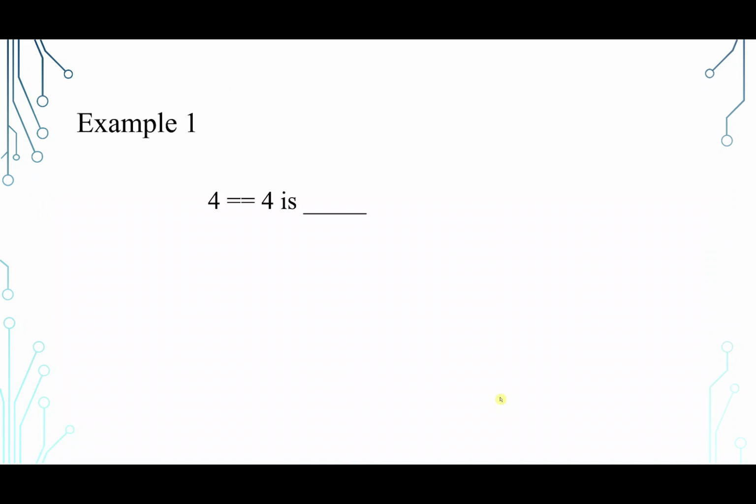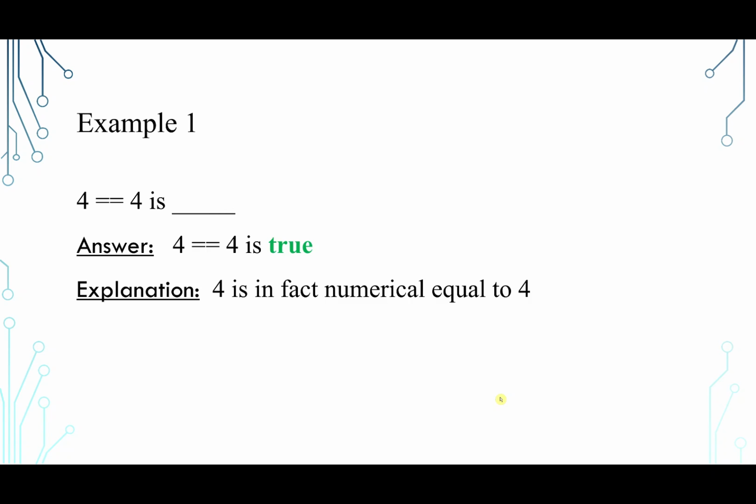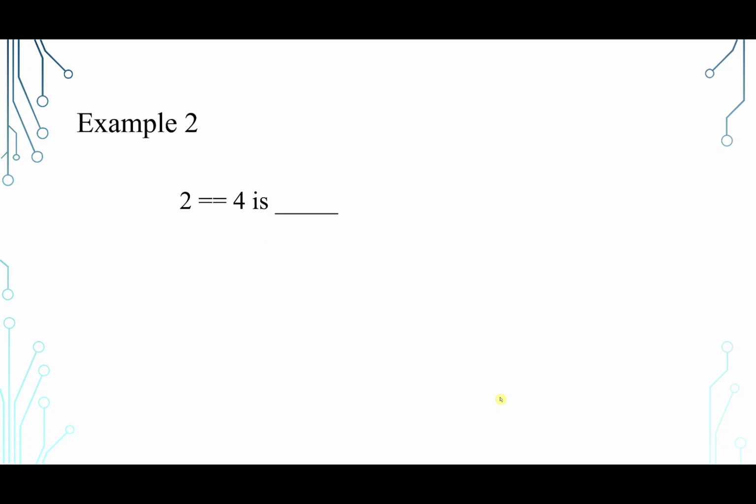Now, example 1. You answer those, and I'm answering after you. Is 4 equal to 4? True. 4 is in fact numerically equal to 4. Is 2 equal to 4?